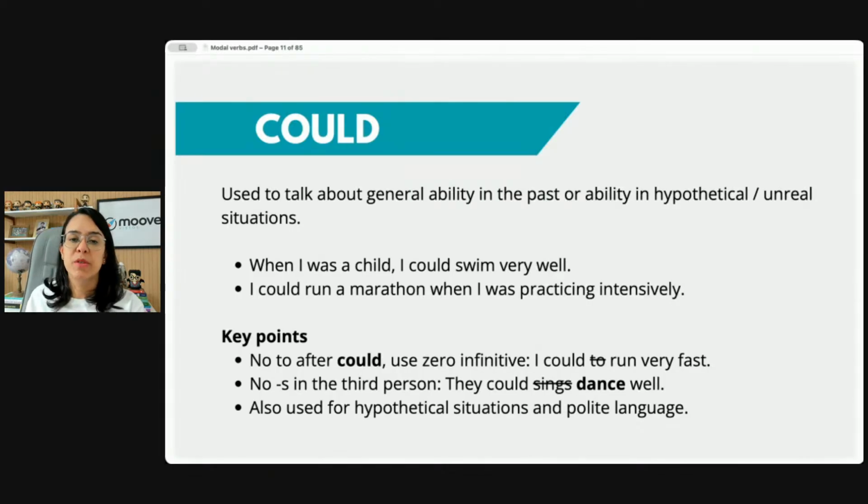We have to keep the verb in the base form too. They could sing well, they could dance well, he could sing well, he could dance well, she could play the guitar. Okay, and could can also be used for hypothetical situations in general and for polite language. We're going to talk about polite language later, not now. Now we are focusing on ability.